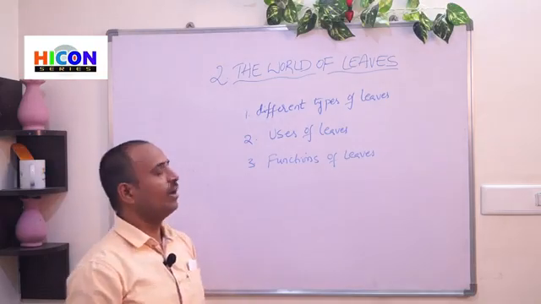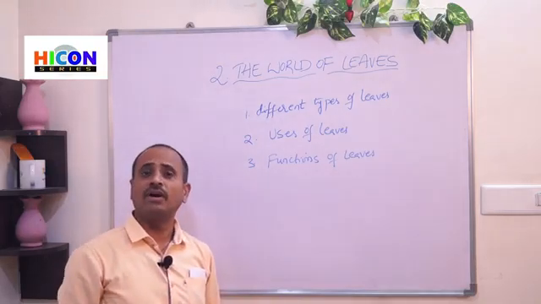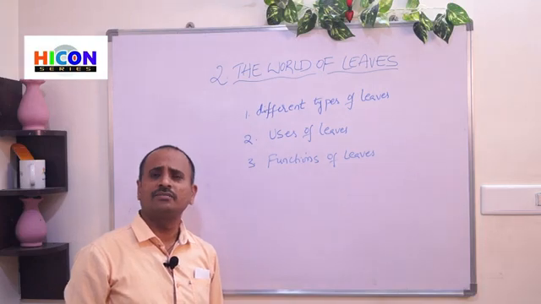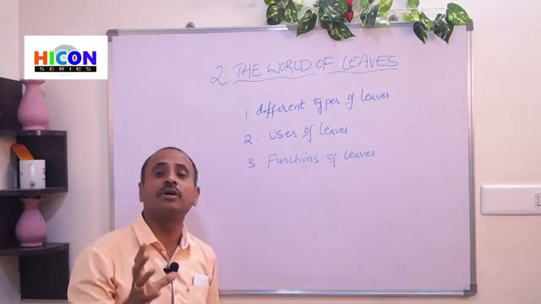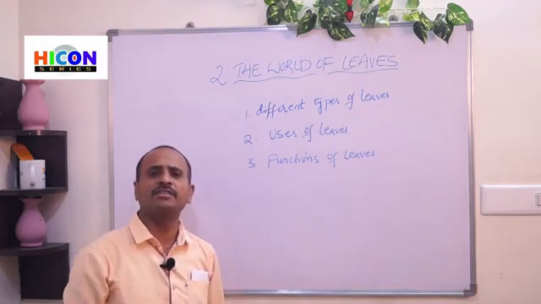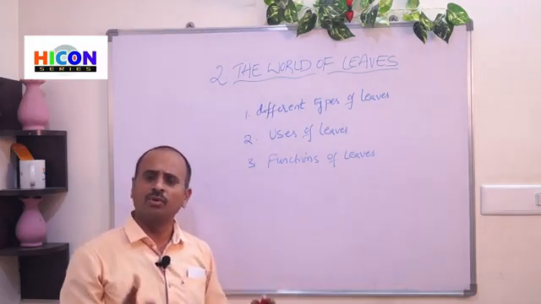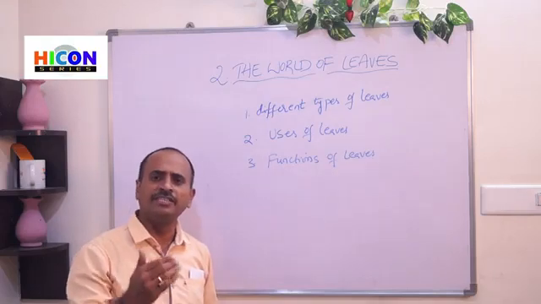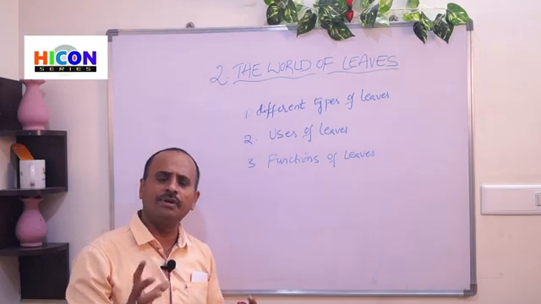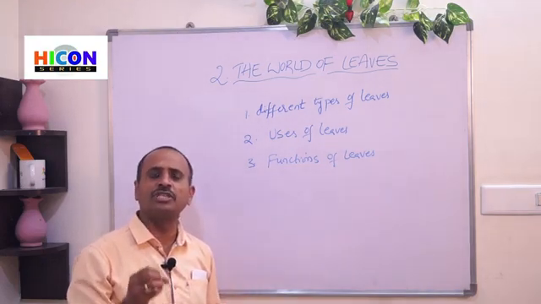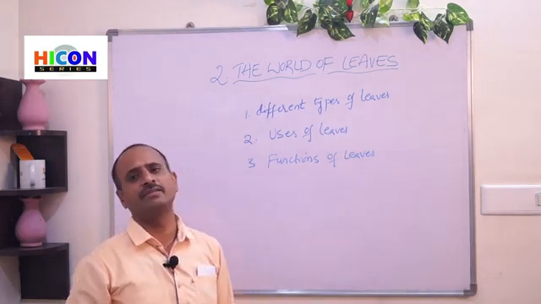So now, what is a leaf? Children, the leaf is the most important part of the plant. A plant has so many parts like roots, stem, branches, fruits, flowers and leaves. Among all the parts, the leaf is the most important part of the plant.